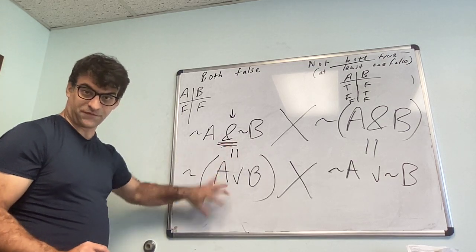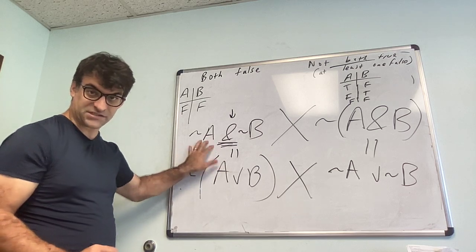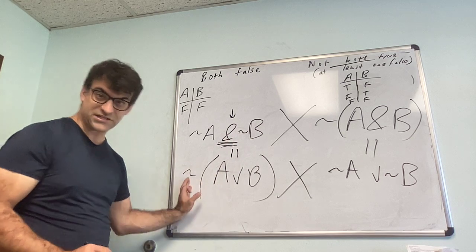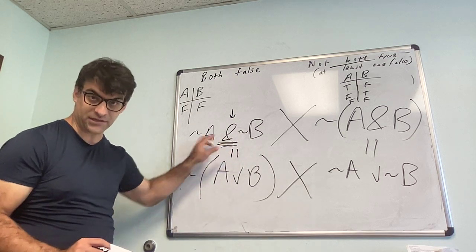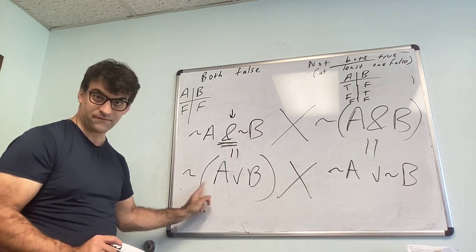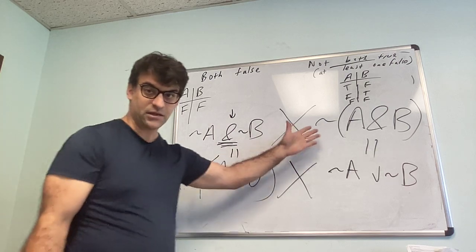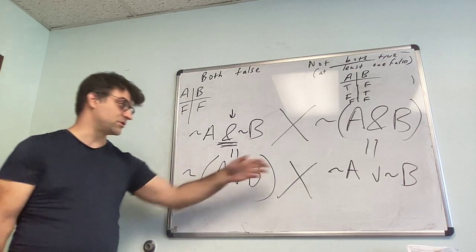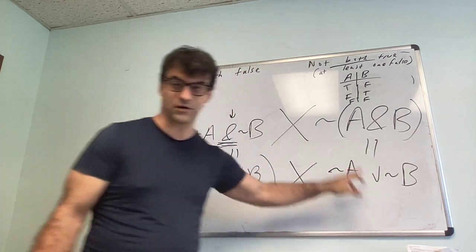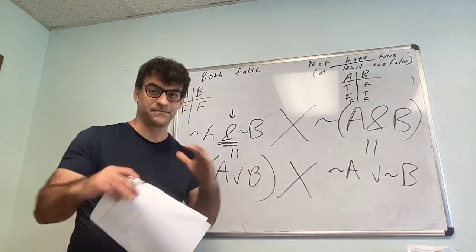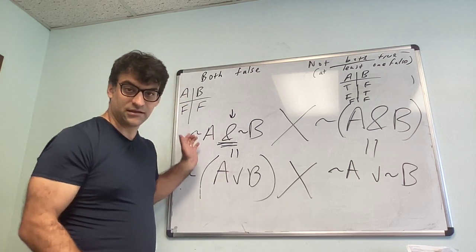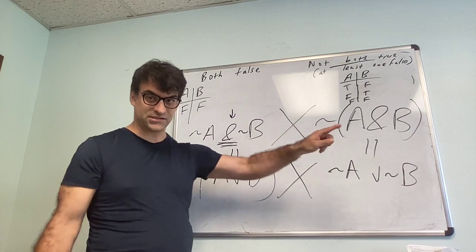So these different forms, where I think of this as breaking out the negation, negating both, is equivalent to negating a whole or statement. Both false, negate a whole or statement. Not both true, you negate two statements with an or. Okay, come back to it. That's the lesson of not writing, don't write this as that.